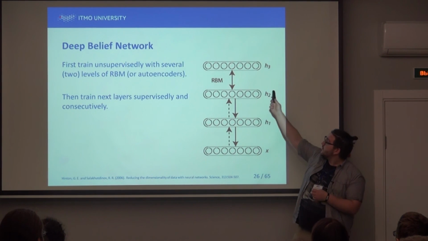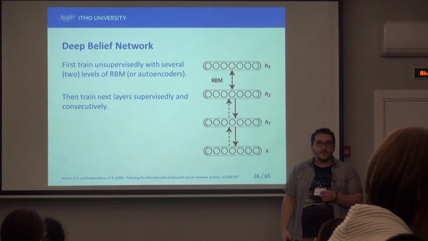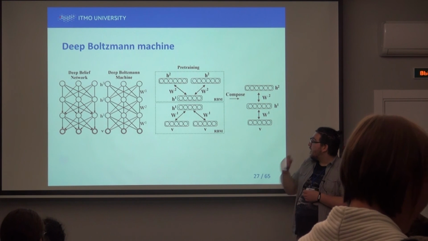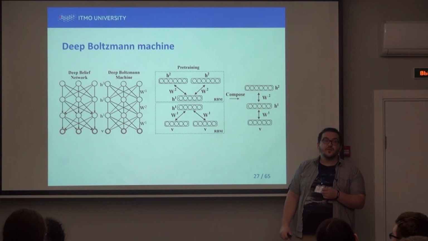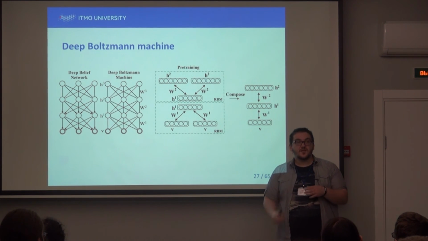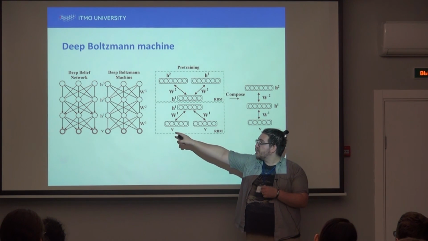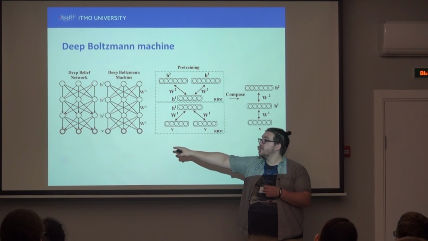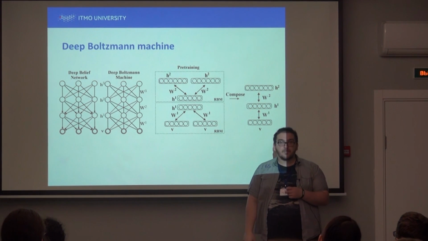First we learn the first layer, then the second one, then the third one, and so on. This technique was used and generalized to both deep belief networks and deep Boltzmann machines. They have lots of layers. The difference is that in deep belief networks we have directed layers in the end, and in deep Boltzmann machines we don't have directed layers.